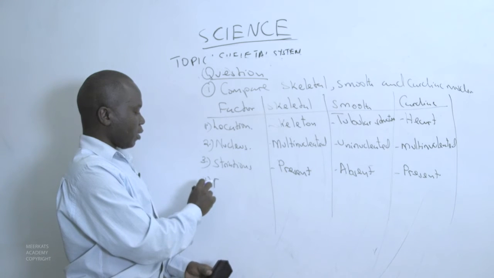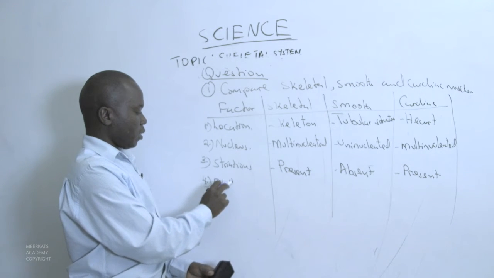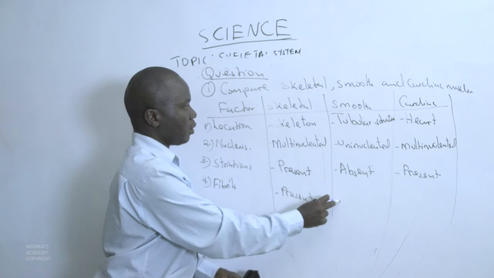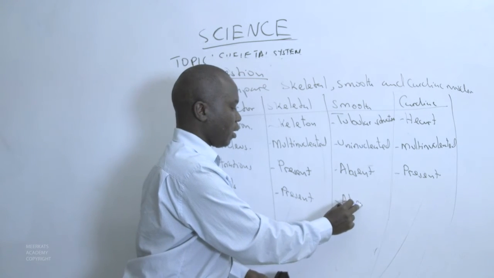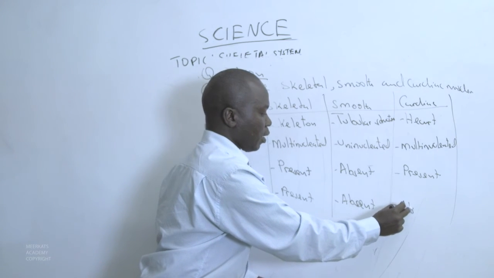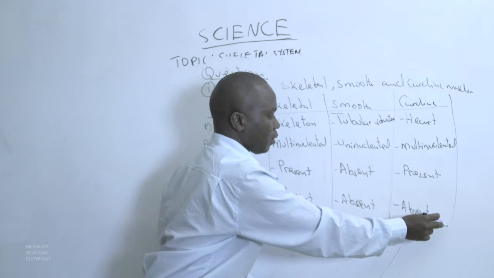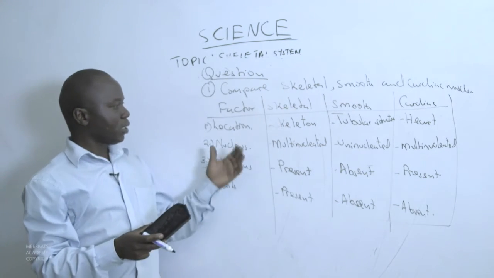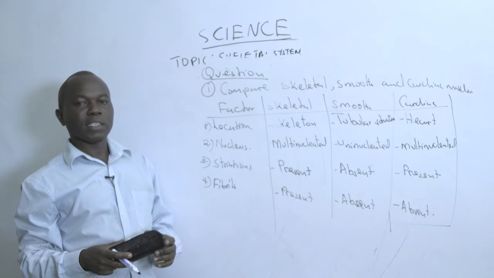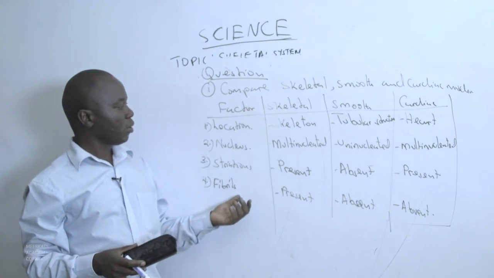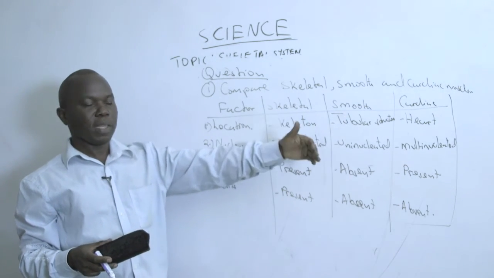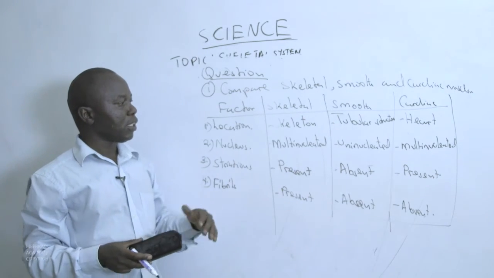Then we can look at the fibrils. Fibrils in skeletal muscle are present, in smooth muscles are absent, in cardiac muscles are absent. Those are the major features, but we have several other features you can look at, even the number of mitochondria. Mitochondria in skeletal, smooth, and cardiac muscles will be there, but not in the same intensity.